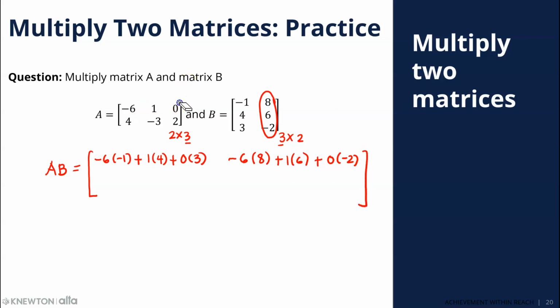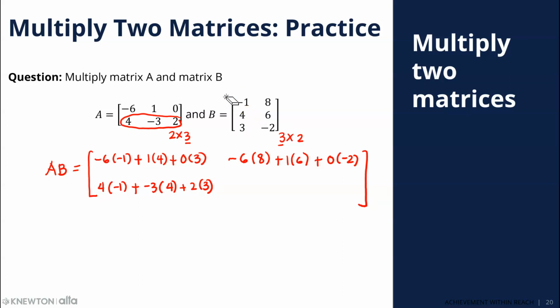And then for the second row entries, you multiply the second row in A by the first column in B. So you have 4 times negative 1 plus negative 3 times 4 plus 2 times 3.